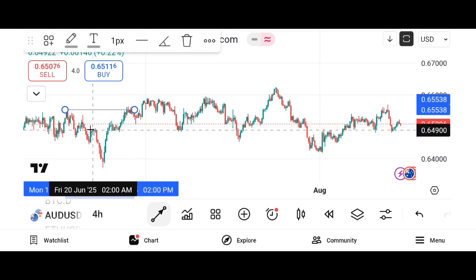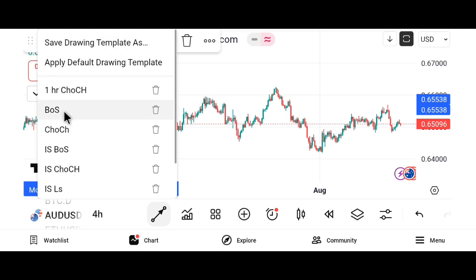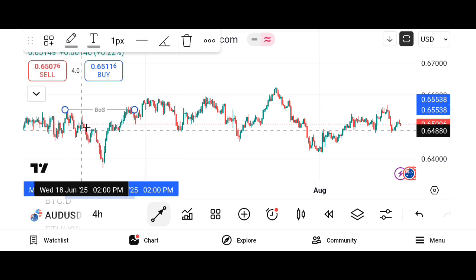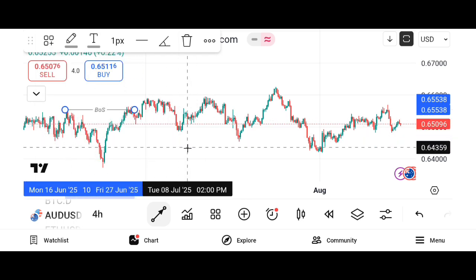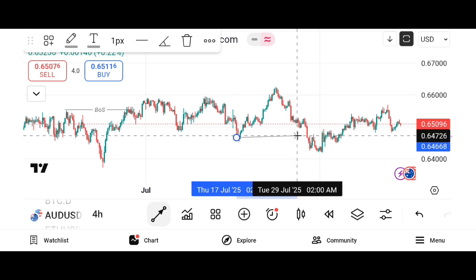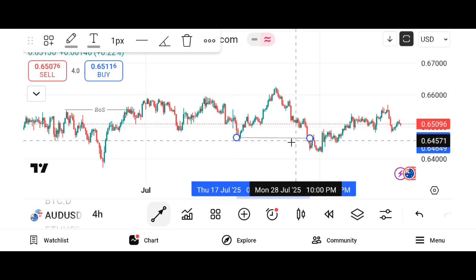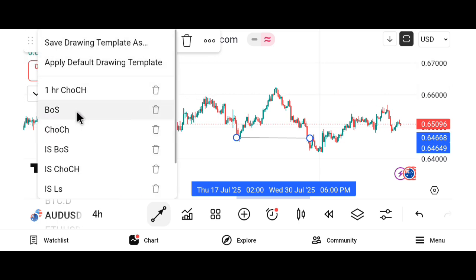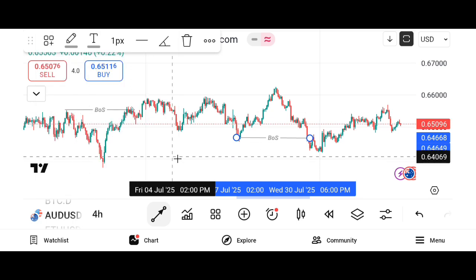Supply and demand zones occur where there is a break of structure, and I said it's just like a market. And when you go to a market, you see different stores or shops that sell different things. Those stores and shops inside the market is what I'll be teaching in my next video.